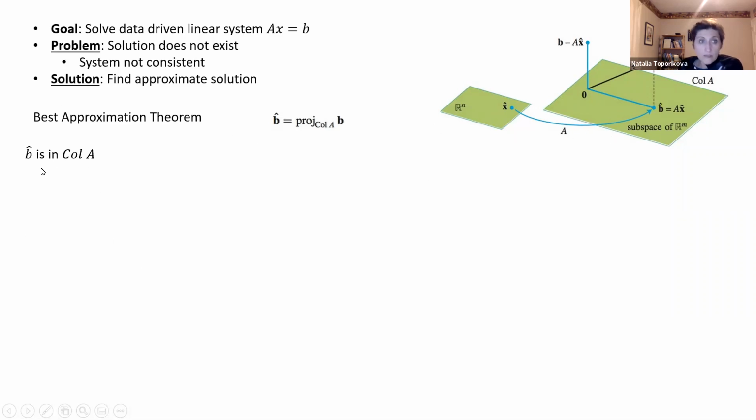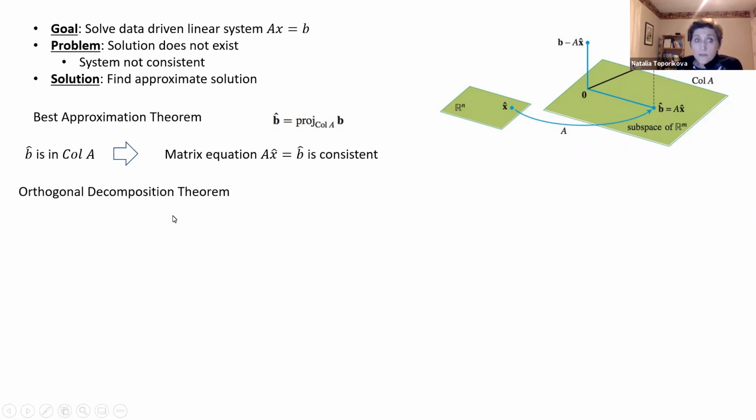So we know that our b hat belongs to the column space. It's a solution we're looking for, which means that now the matrix equation A x hat = b hat is consistent. We can solve it. Even more, by the orthogonal decomposition theorem, the difference between our vector and its projection, b minus b hat, happens to be orthogonal to the column space.